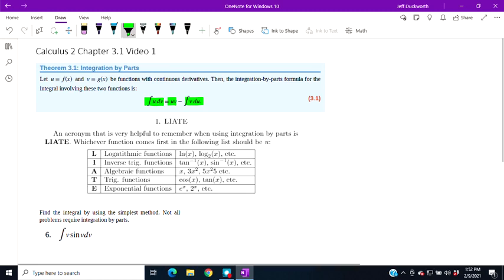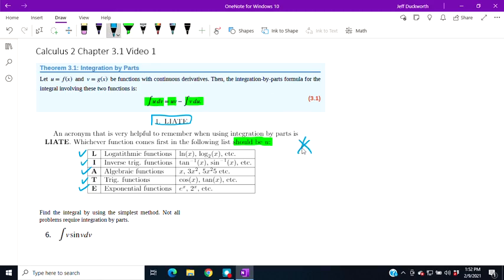All right, down below here we've got this rule called LIATE. These refer to the logarithmic functions, inverse trig functions, algebraic functions, trig functions, and exponential functions. Typically, if you have these things, you look at whichever comes earlier in the acronym LIATE, or earlier in this list, and try to use that as your u.